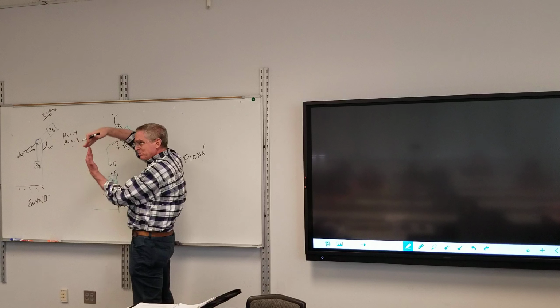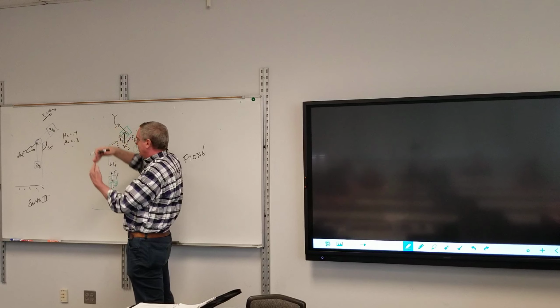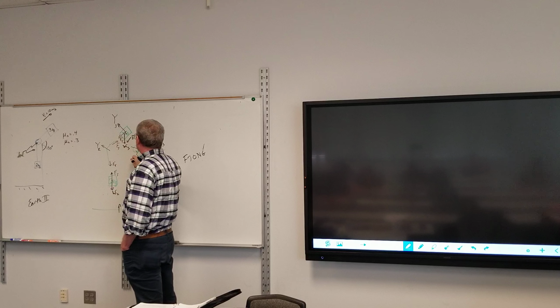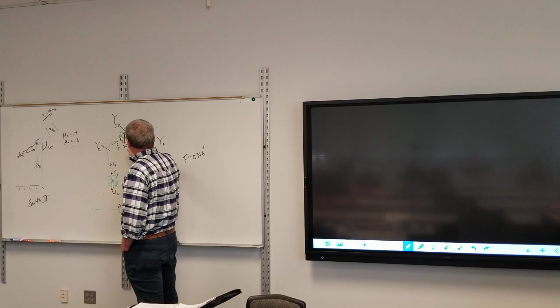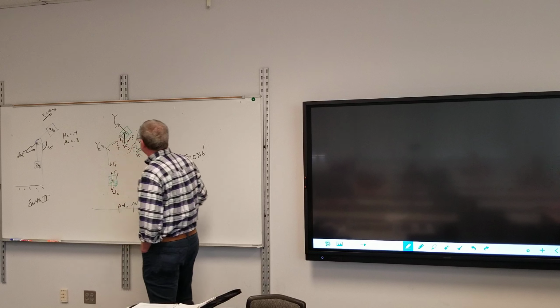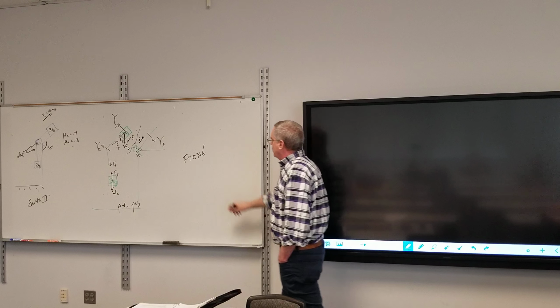There's a reason the rope is built like that. It doesn't naturally want to stay like that, so it is being pushed somewhere in that direction. It's called Y sub R. So normal force done.